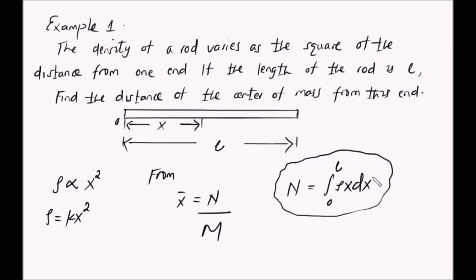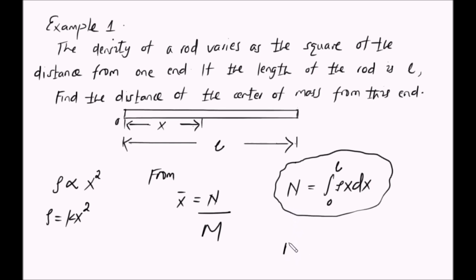So ili kuiona hii formula, angalia tutorial ya center of mass. Tutorial inaitwa center of mass. Hii tutorial sasa hivi inaitwa center of mass examples. Sasa kuna tutorial inaitwa center of mass. Ukiangalia hiyo tutorial ya center of mass utaona hii formula tulivyo derive.